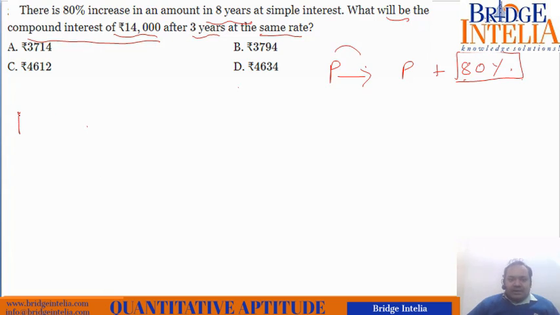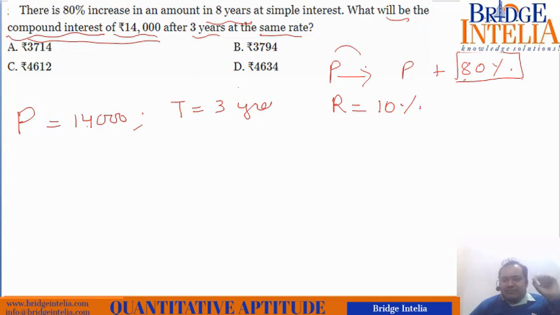So now P is equal to 14,000, time is equal to 3 years, rate is equal to 10%. We have to find the compound interest. We don't have to find the final value. But in case of compound interest, the best way to do it is to find the final value and subtract the initial value.